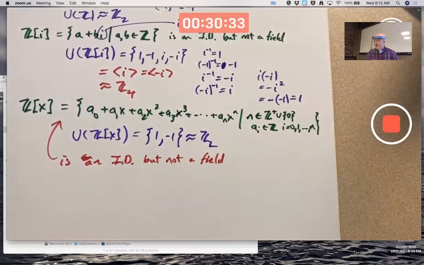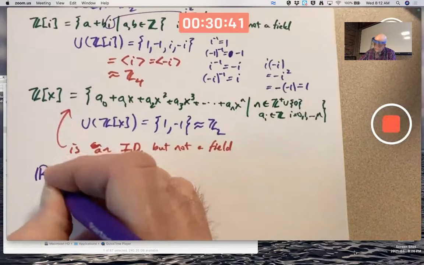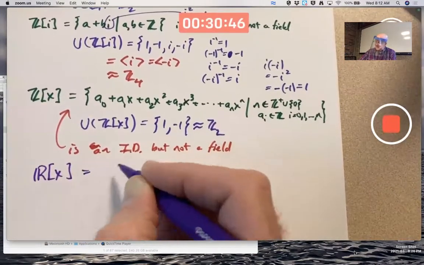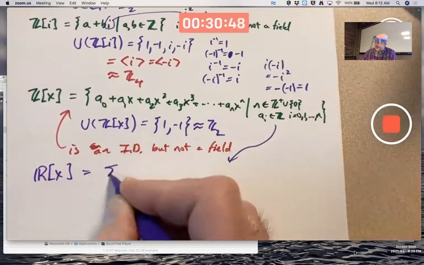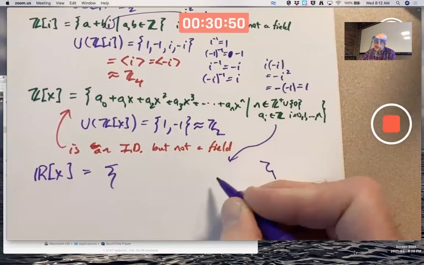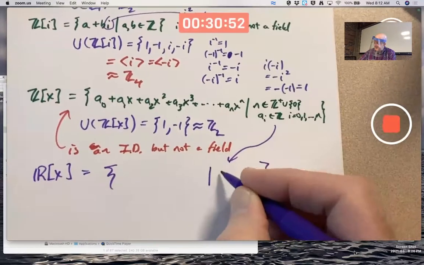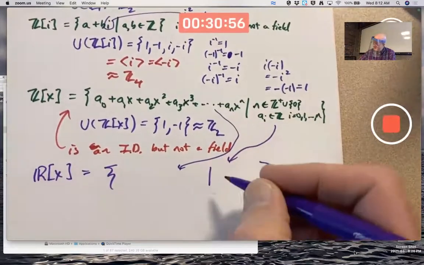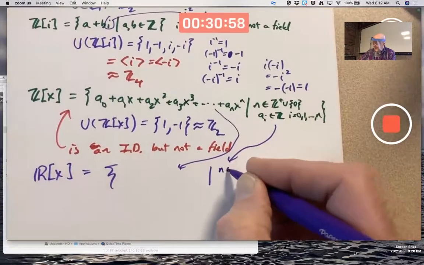What if I allowed real coefficients? What if I considered R[x] as a set? It's the same kind of set, except you allow the a's to be real numbers. n still needs to be a non-negative integer.